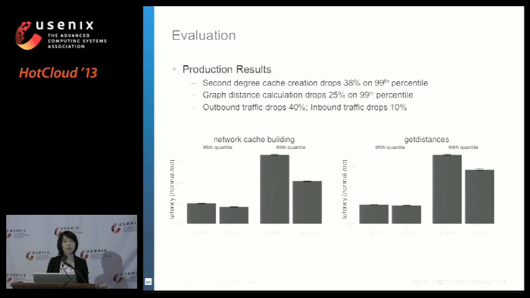The inbound traffic also drops about 10%, and that drop comes from the fact that fewer GraphDB nodes are involved in the query, so each one of them does a bigger merge on their side, so there is more deduping happening on the GraphDB cluster. So eventually the inbound traffic drops about 10%.